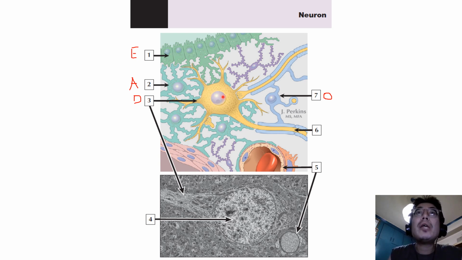Of course, this would be the nucleus of the neuron itself. 5 is an endothelium of a capillary. 6 is the axon of the neuronal cell. We recall that the covering of the axon is the Schwann cell. And the Schwann cells are actually projections of a supporting cell called the oligodendrocyte, labeled here as number 7.